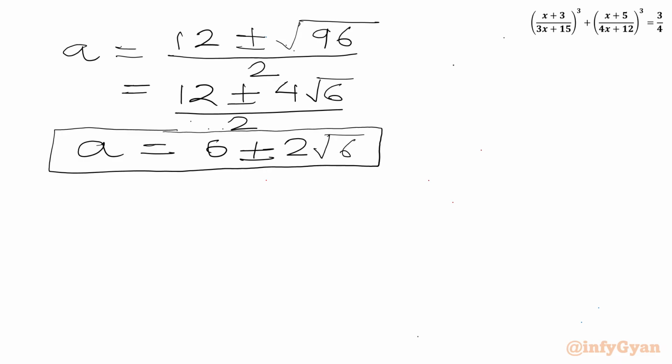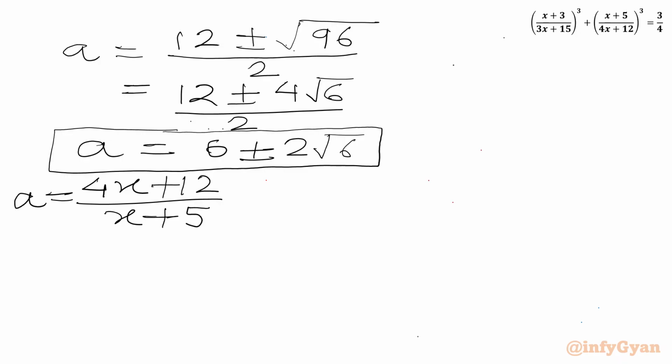And a was our substitution. a was 4x plus 12 over x plus 5. This was a equal to 6 plus 2 root 6 and 6 minus 2 root 6.